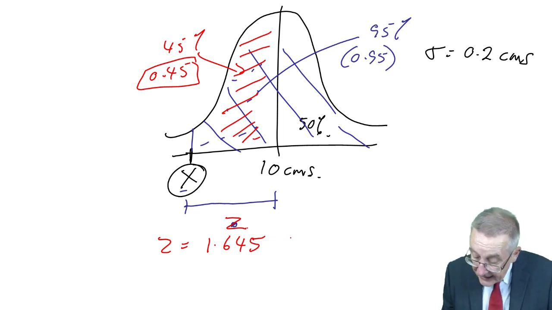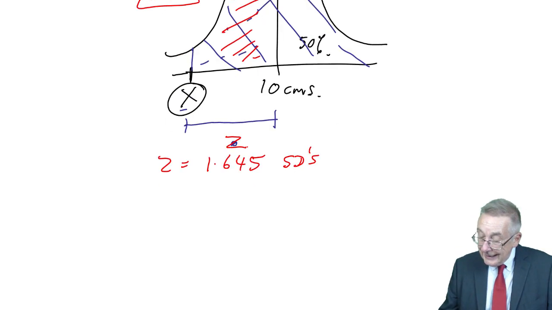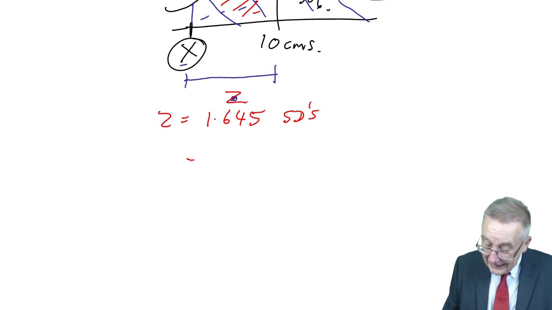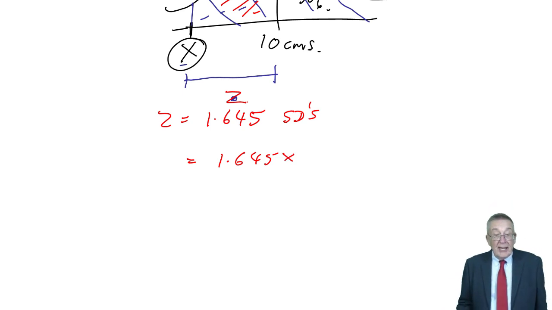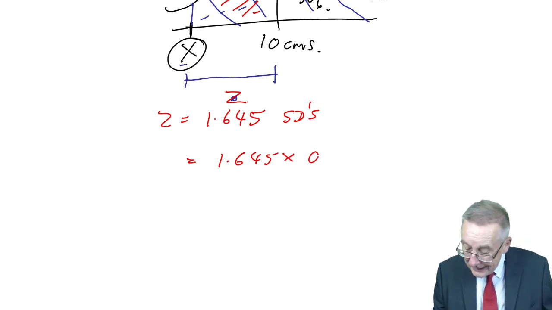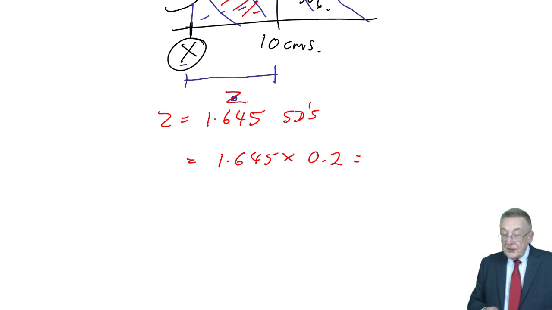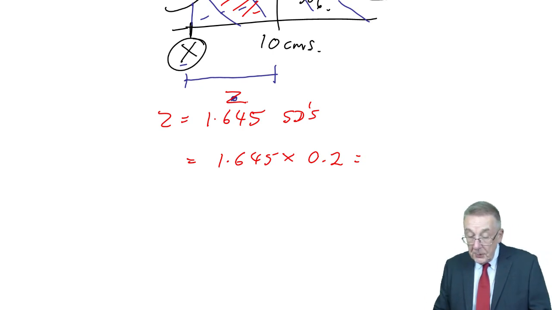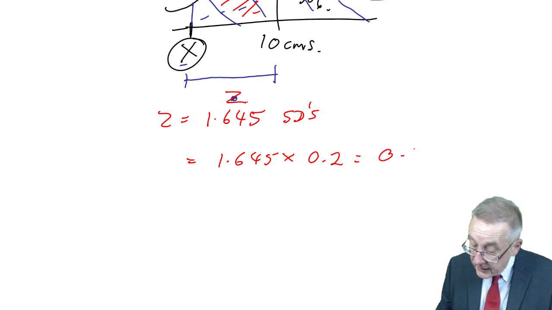The z, remember, is the number of standard deviations. How many centimetres is that? Well, one standard deviation was 0.2. And so 1.645 times 0.2 is 0.329.